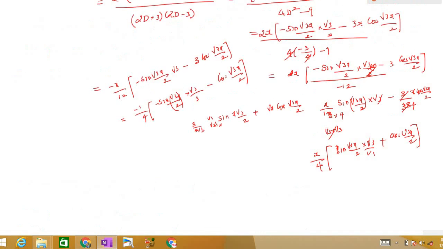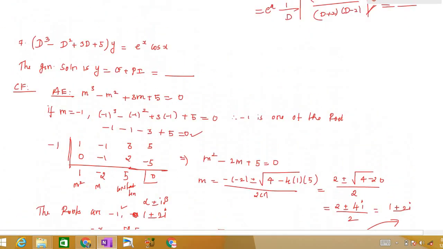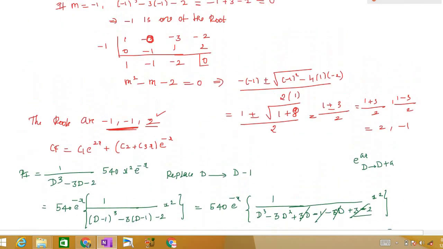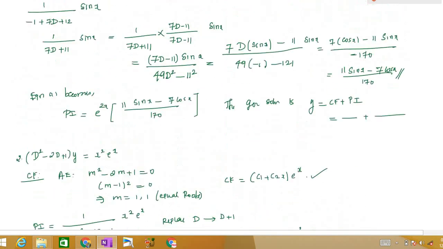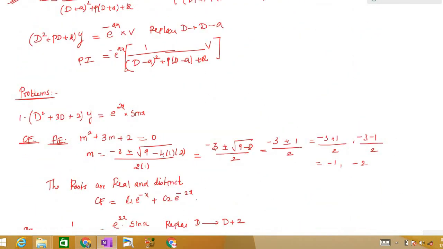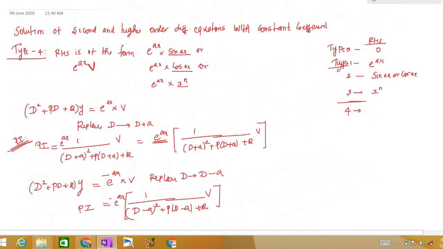Now I have already solved this equation, I think. I solved this, but I don't know where, whether in type 2 or type 3. M power 4 plus m square plus 1.